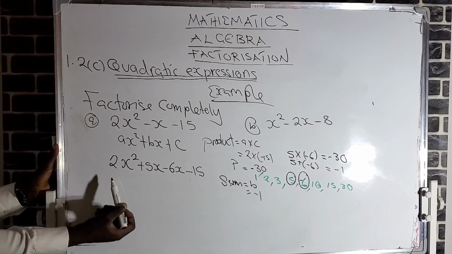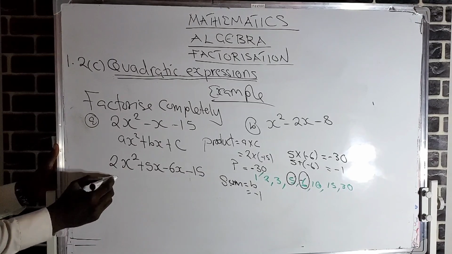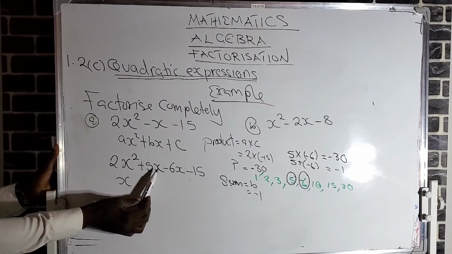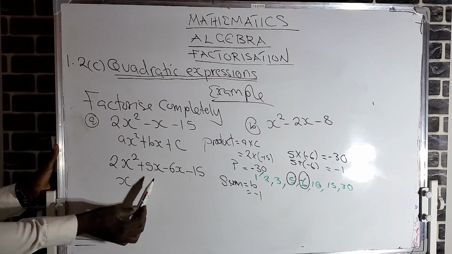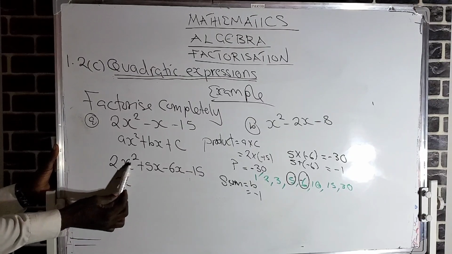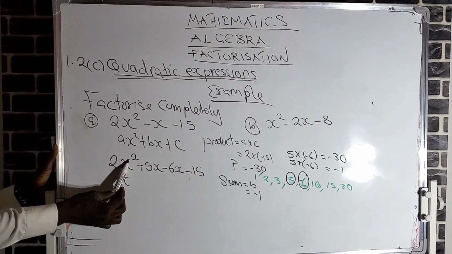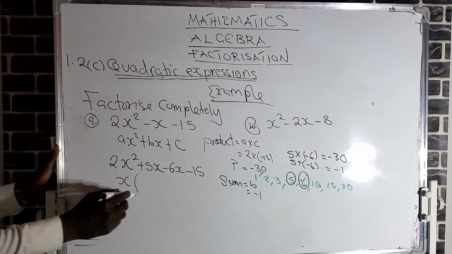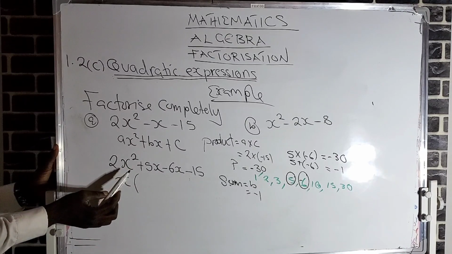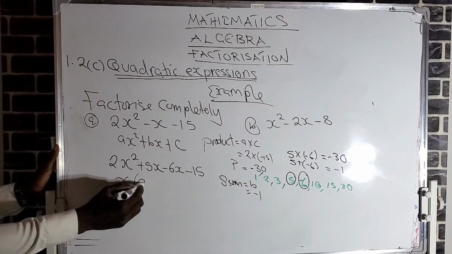The numbers can go into both 2 and 5. So you just write x, right? Next, don't write x squared, you write the x which has a lower power. This one can go exactly. So x into x squared will remain with how many x? 1.